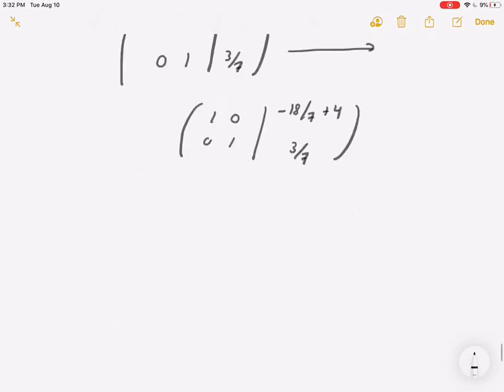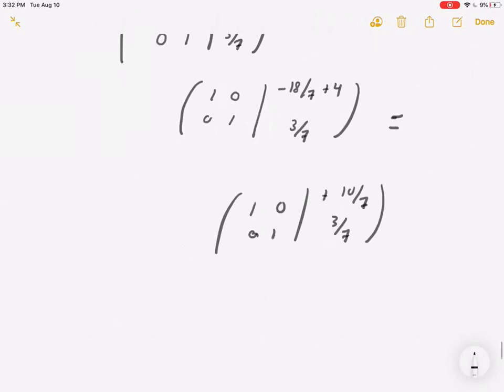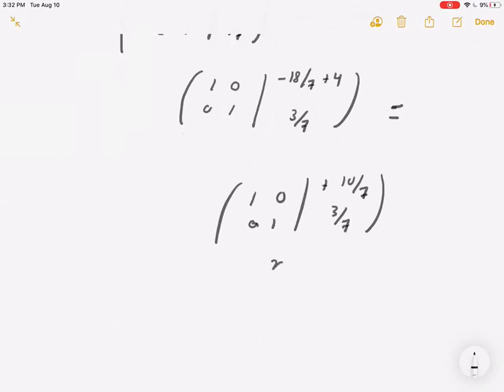But that's the same thing as this. And the left-hand side of the vertical bar is an identity matrix. So I have exactly what I want. So this is in reduced row echelon form.